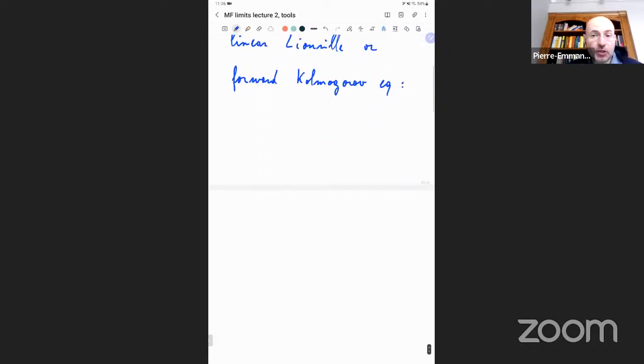And here it's an equation in dimension n, which reads like that.